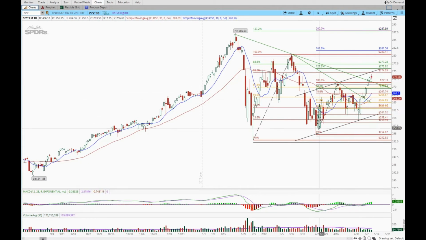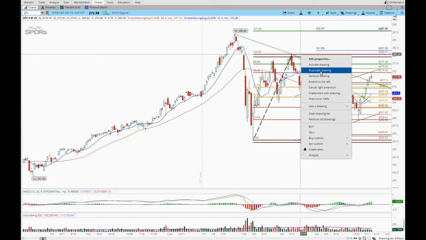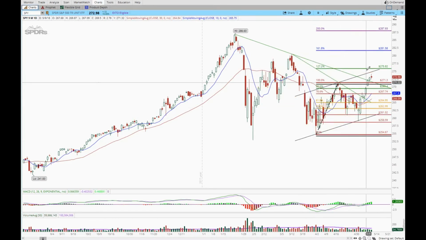So what we have here, let me take this Fibonacci out for a little bit. I'm going to remove this drawing from here. And then I'm going to show that the last uptrend was from this level, the 254.67, up to the 271.30.